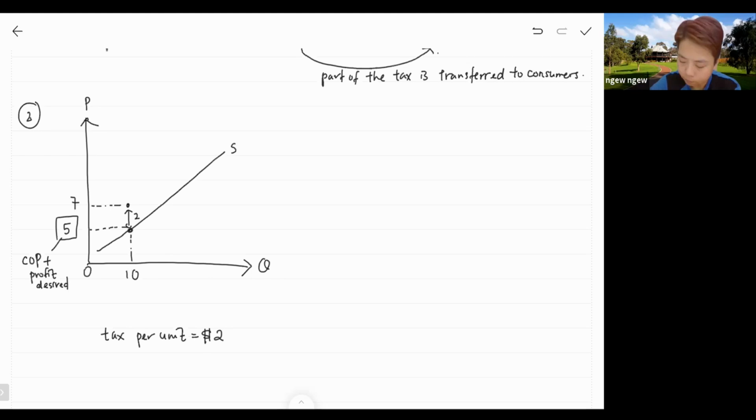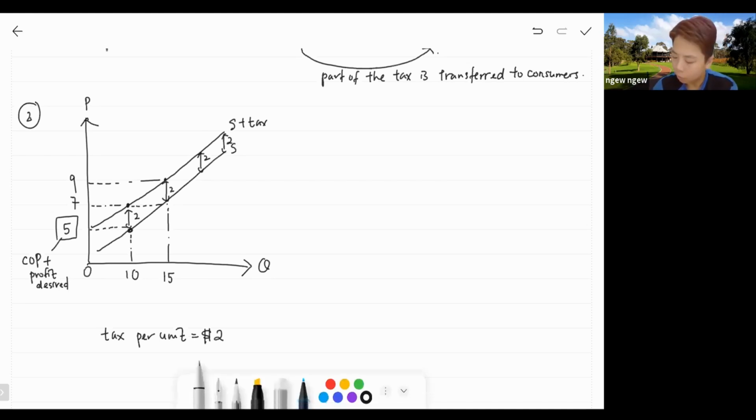Likewise, originally, when firms are offering 15 units, firms are asking for 7. Now firms will add the $2 and ask for $9. Therefore, you will see a parallel shift to the left, where the vertical distance is constant, which is $2.